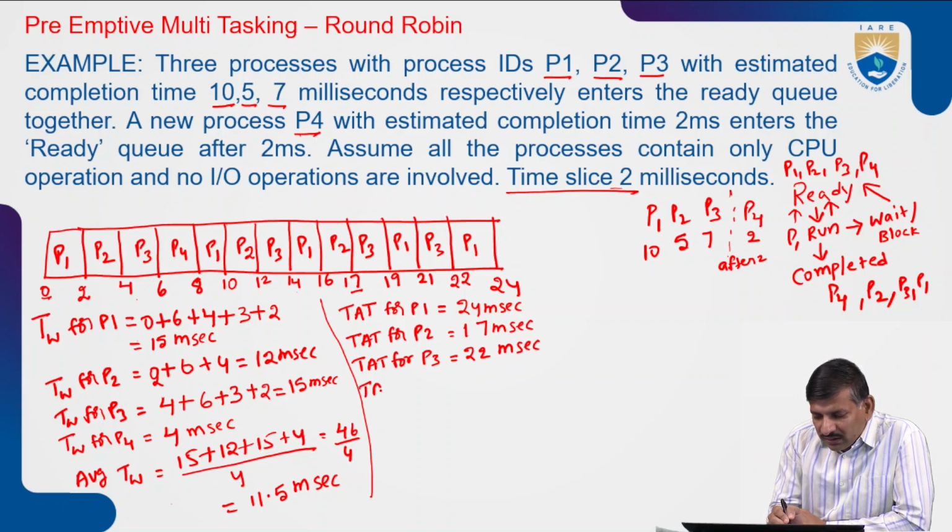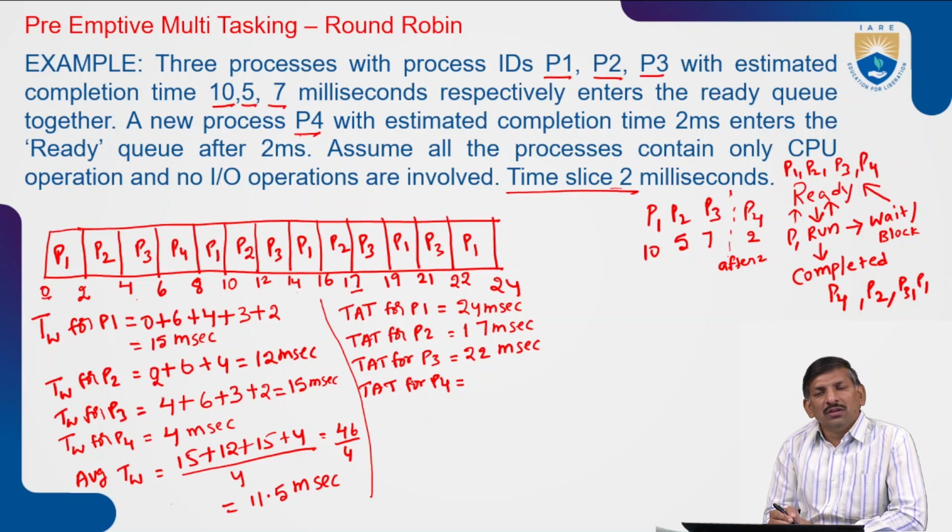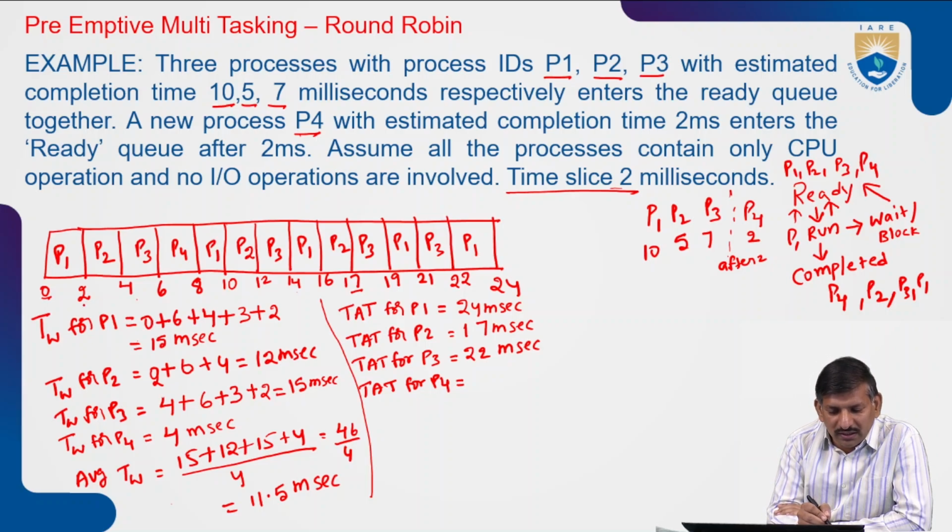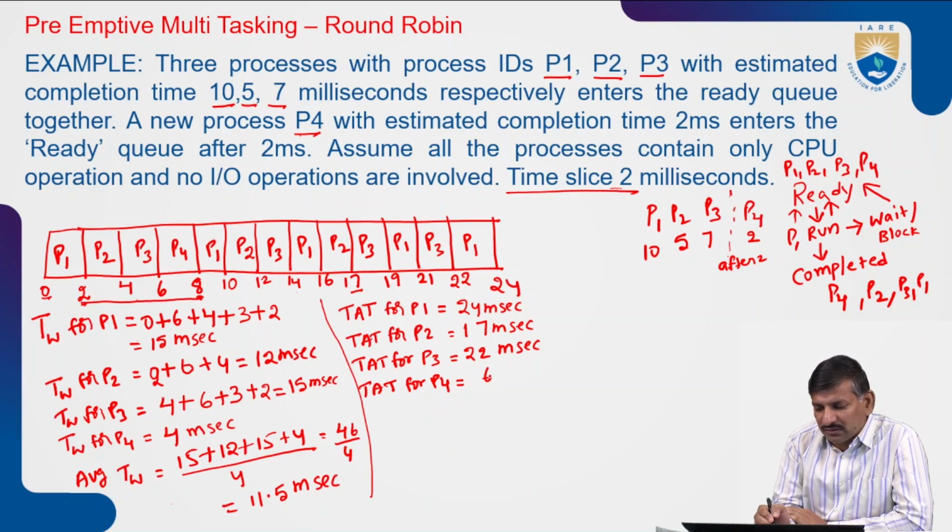Next, turnaround time for process P4. P4 enters the ready state at the 2nd millisecond, and its execution is completed at the 8th millisecond. Total duration is 6 milliseconds.